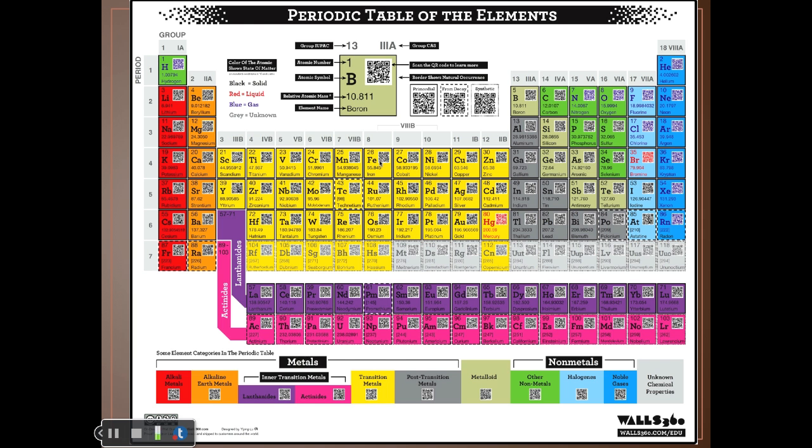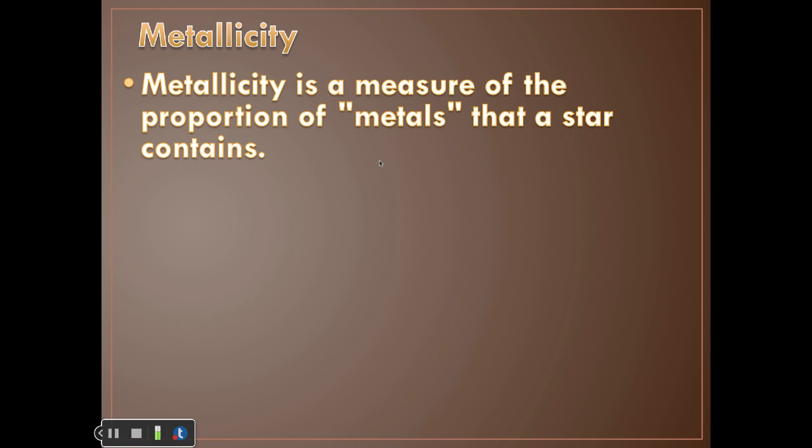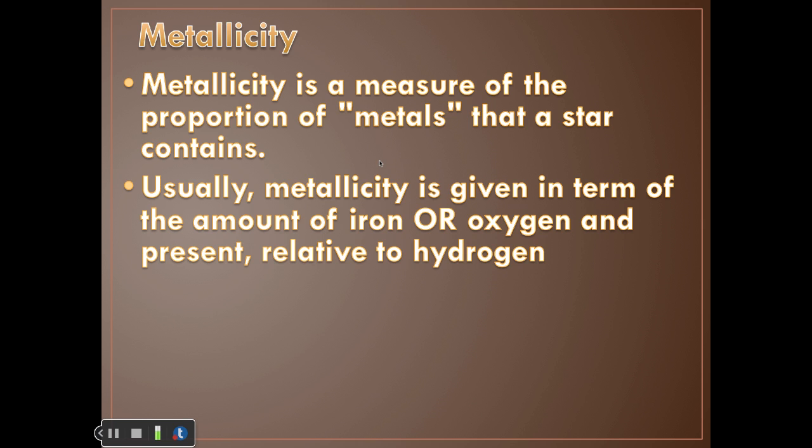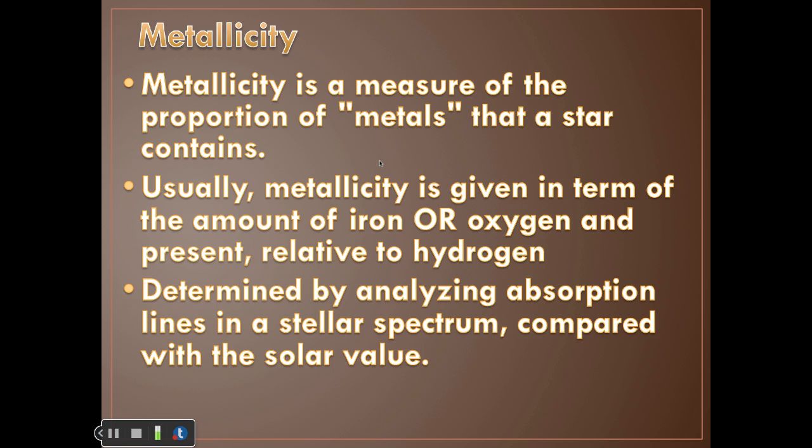So we'll get into the complications of this later, but for now let's just say it's some measure of how much heavy elements there are. So it's the proportion of metals compared to hydrogen. Like I said, it's usually a measure of iron or oxygen.